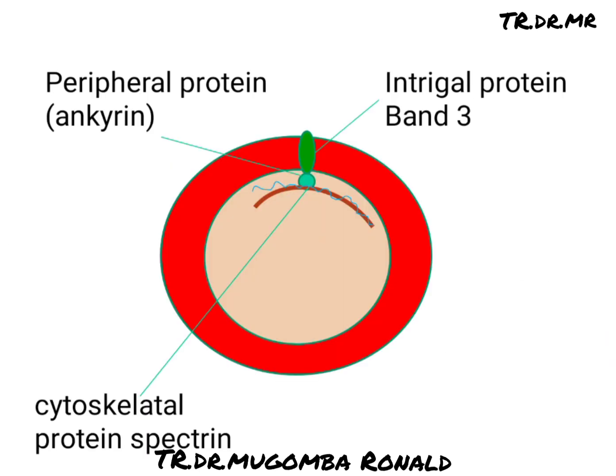You can see the peripheral proteins there. We have the integral proteins, which span through the cell membrane. And we have the cytoskeleton, like the spectrins. The cytoskeleton is very important when it comes to maintaining the shape of the cell and ensuring that the cell organelles are anchored very well.